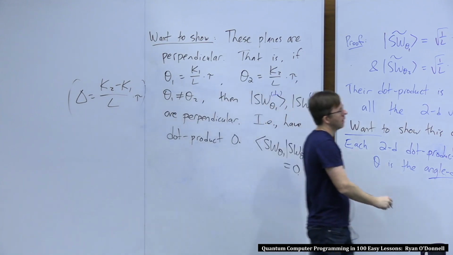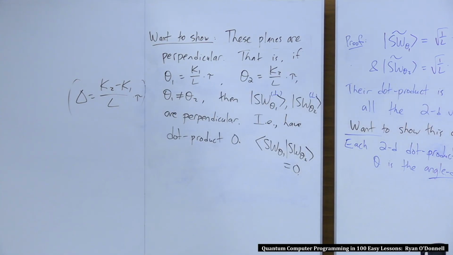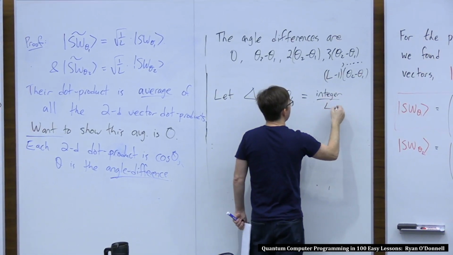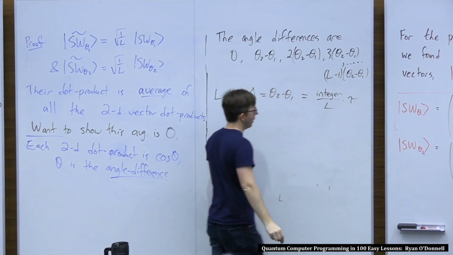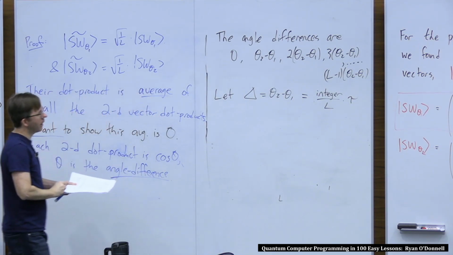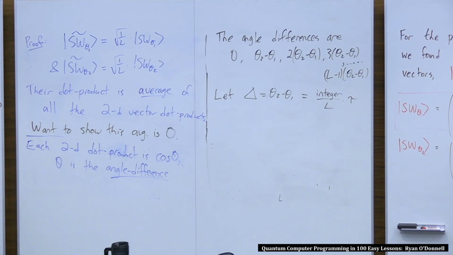So this is like an integer over L times 360 degrees. That's one thing that we can say. So it's like a fraction of L of the circle.